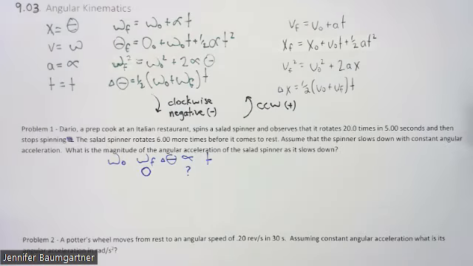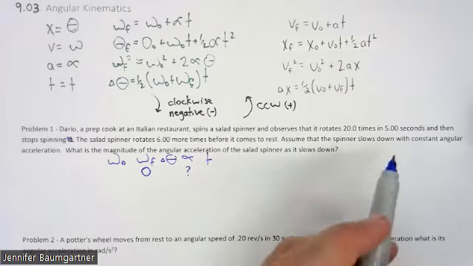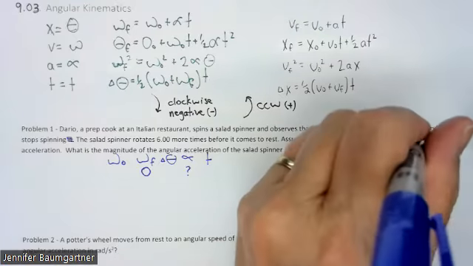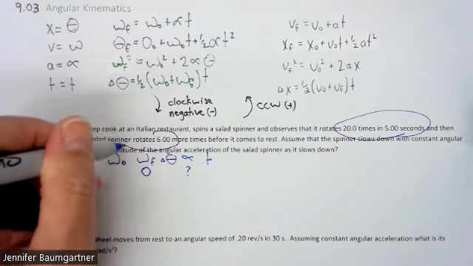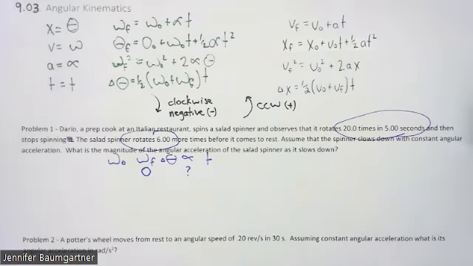Here's the question: I need 2 more variables to solve this, so we have to pick this apart. A salad spinner rotates 20 times in 5 seconds and then it stops spinning. It rotates 6 more times before it comes to rest. So at the beginning we have that it's spinning 20 times in 5 seconds, and it takes 6 rotations to come to rest.